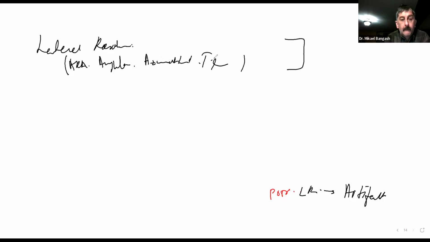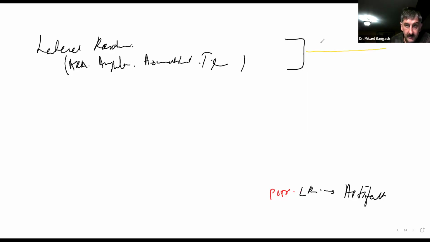Clear? It's in the word lateral, because it is lateral to the beam's main axis, or transverse, or perpendicular to the beam's main axis.